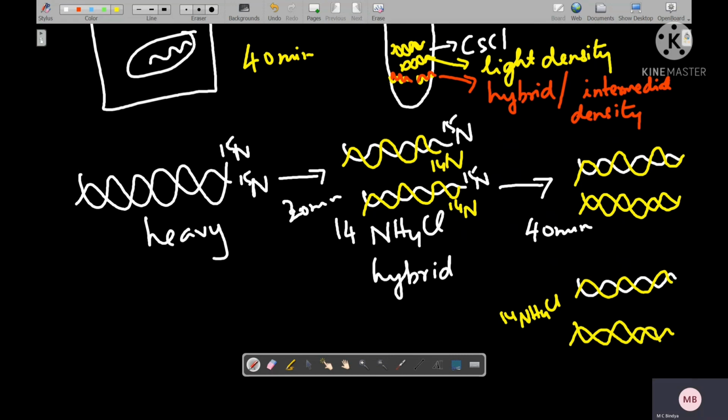That's why in the cesium chloride density gradient, we get two bands. One is of lighter density with N14, N14, and the other is of intermediate density with N14, N15, which we get only if the DNA was replicating semi-conservatively. Hence, proved that DNA replicates semi-conservatively.